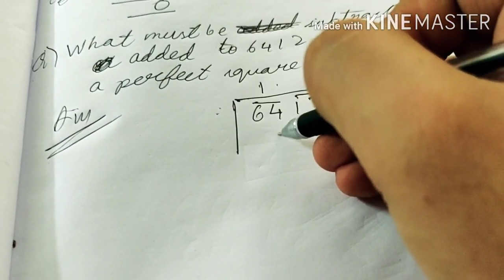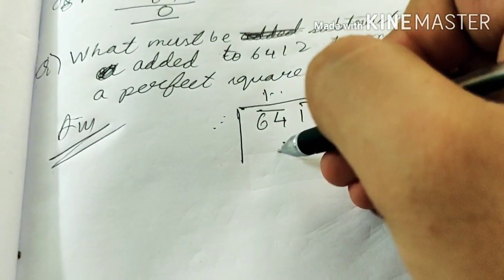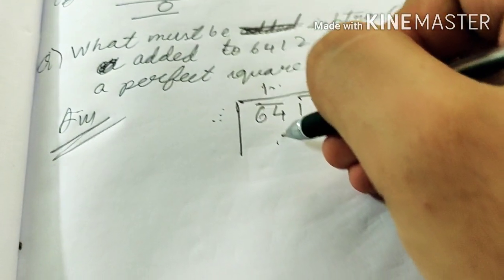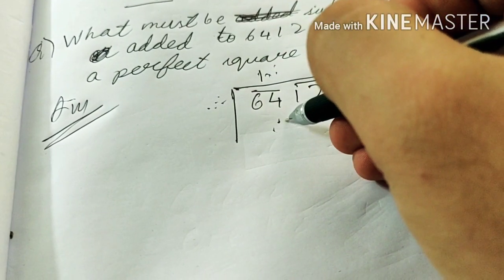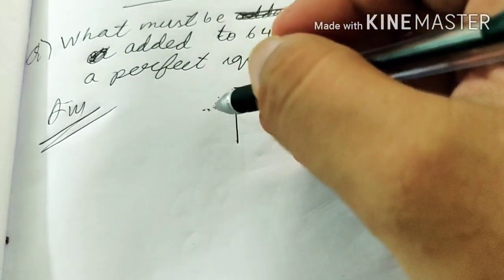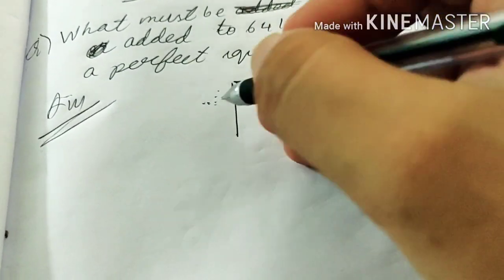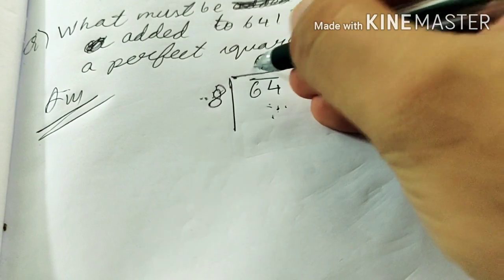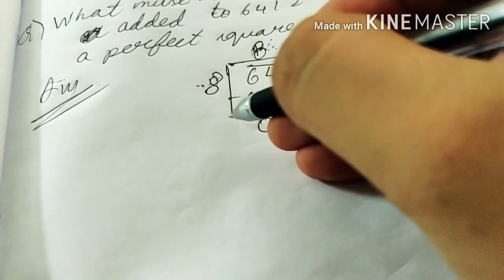Zeros are 0, ones are 1, 2 twos are 4, 3 threes are 9, 5 fives are 25, 7 sevens are 49, 8 eights are 64. So we will take 8 eights are 64. On subtracting it we will get 0.